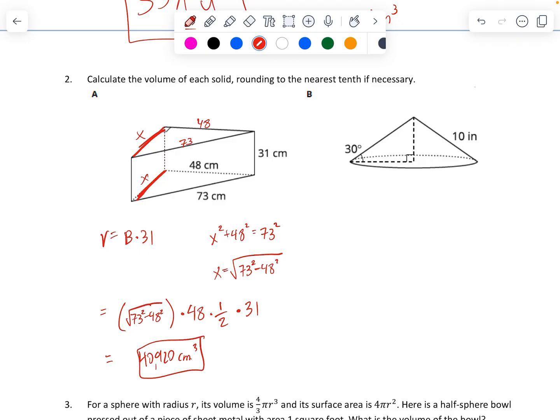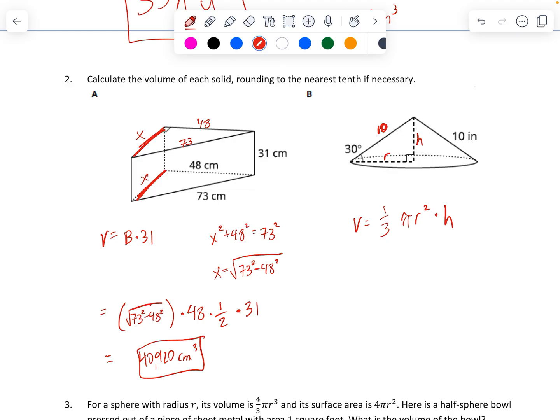Okay, for this last one, we know volume is 1 over 3 pi r squared times h. Okay, so we don't know the radius, but we do know this diagonal, but we don't know the height either. So we need to find the radius and we need to find the height.